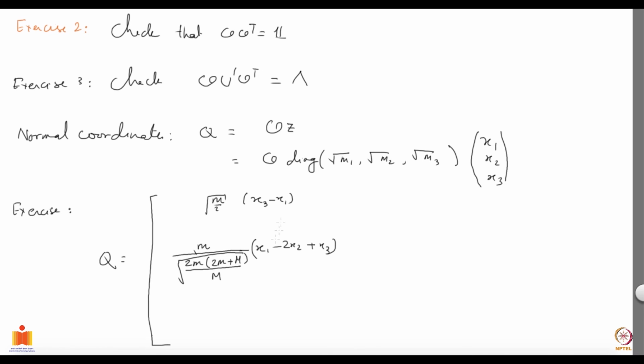Let's check dimension-wise. This and this piece have the same dimensions, and here it is a square root of M, so we should have a square root of M here as well. Now see, this is M times m, so m square divided by mass, it becomes m. So there is a mass in the square root and there is a mass in the numerator. Okay, and so this works out.